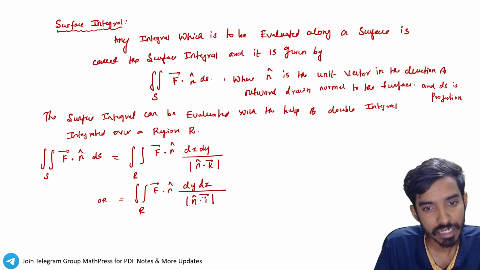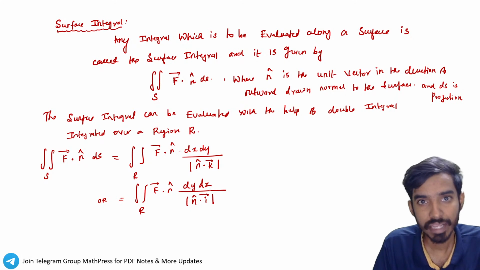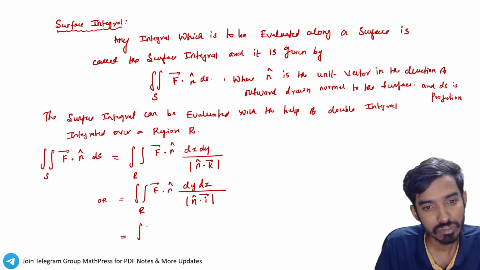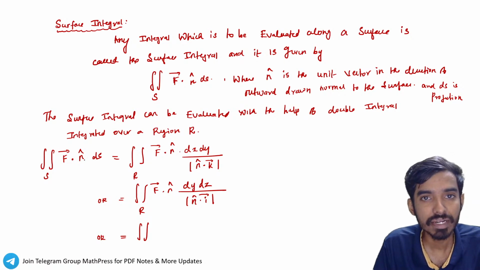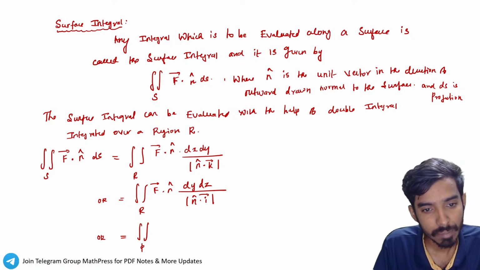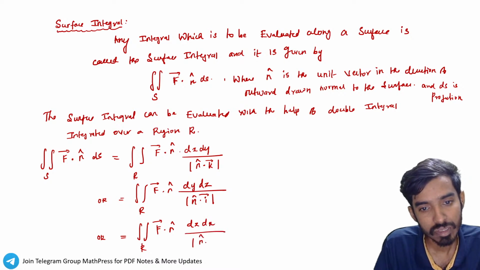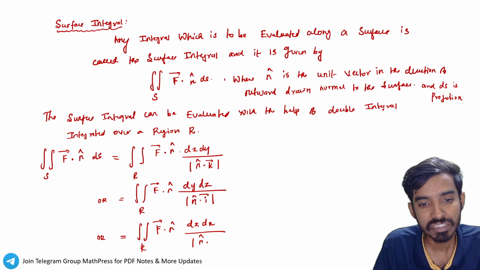For the zx plane, it is dz dx divided by the modulus of n cap dot, you just see which is missing here. dy is missing, so you put dot j.